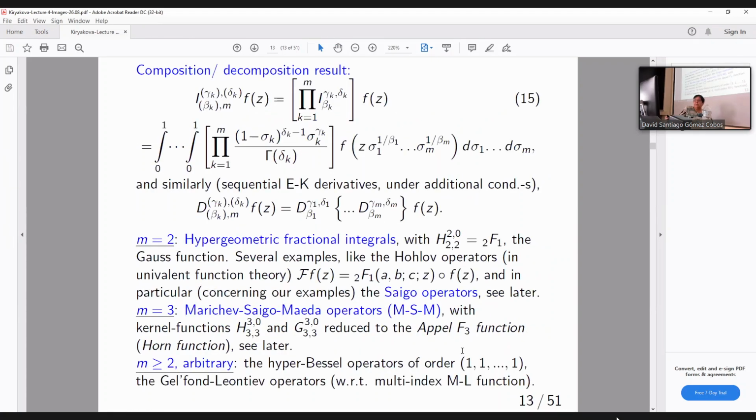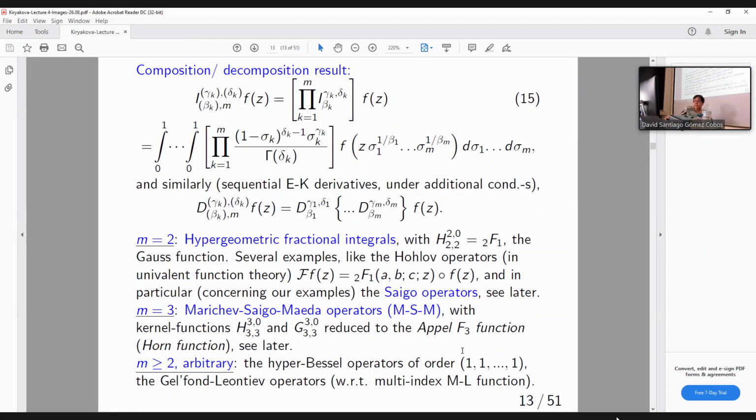The decomposition result is that the same generalized fractional integrals can be represented as compositions of commutable Erdős-Kober integrals or derivatives in the classical sense, and this is very useful when used in the evaluation of images of such operators.